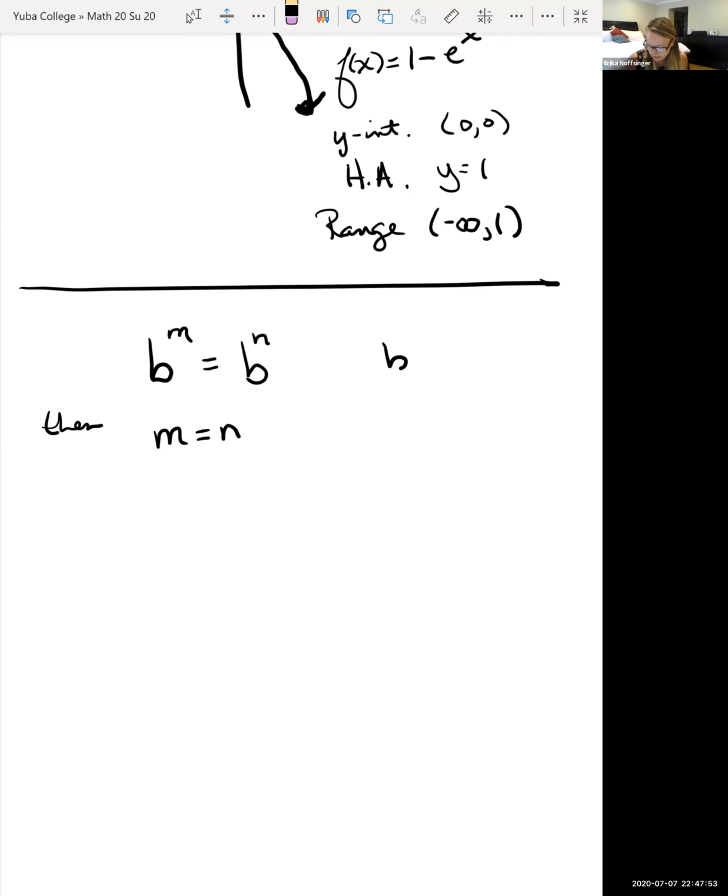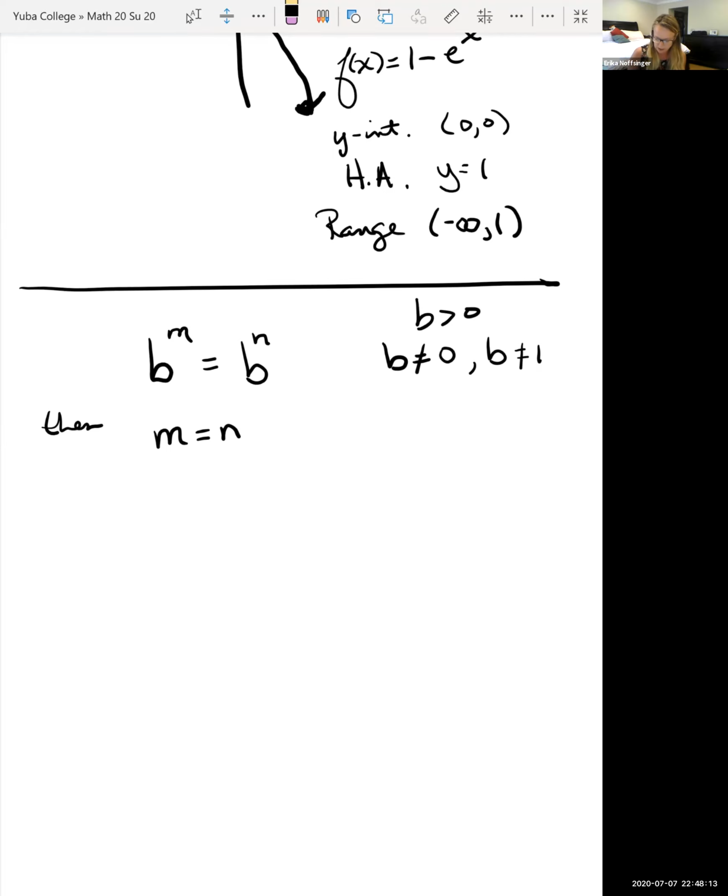As long as we put a couple of stipulations: b can't be 0 and b can't be 1. Let's just say b has to be greater than 0.